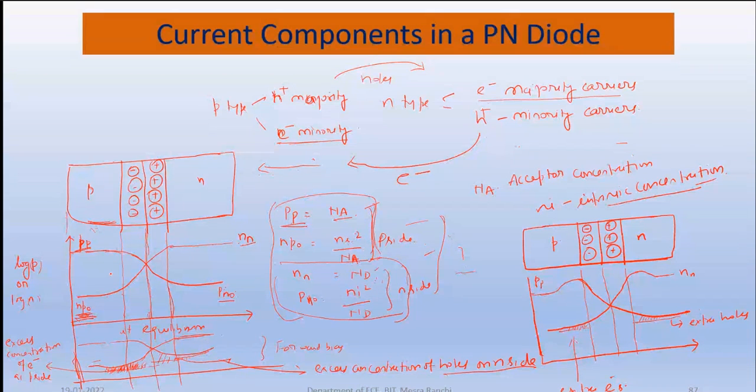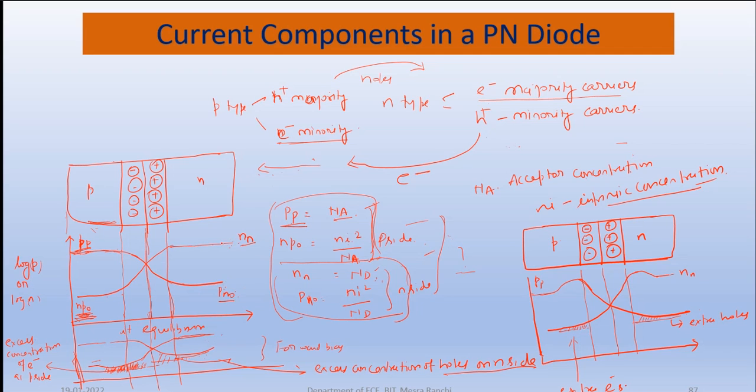See, at equilibrium, when there was no bias, please listen carefully. The p side has an excess of majority carriers as holes, and the n side has majority carriers as electrons. So the holes which are able to cross this barrier and reach the n side become minority carriers here, because here the excess is of electrons, right?